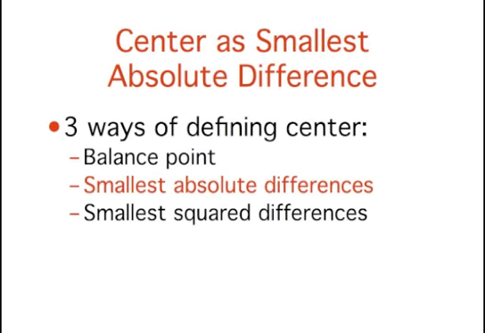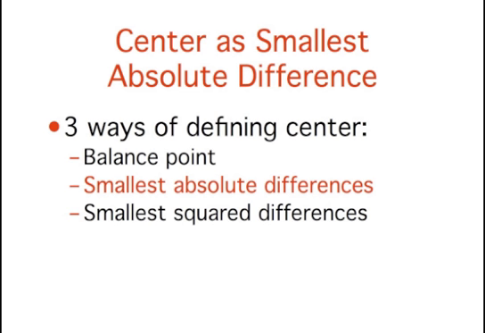We are now in position to define a second way of measuring central tendency, this time in terms of absolute differences. Specifically, according to our second definition, the center of a distribution is the number for which the sum of the absolute differences is smallest. As we just saw, the sum of the absolute differences from 10 is 28, and the sum of the absolute differences from 5 is 21.